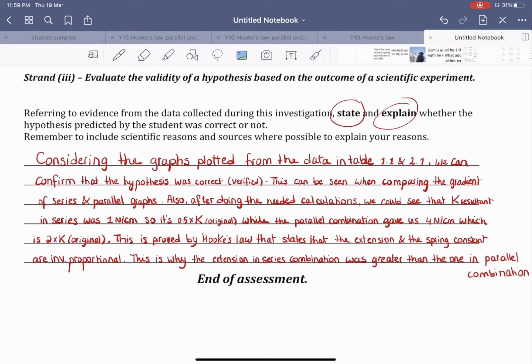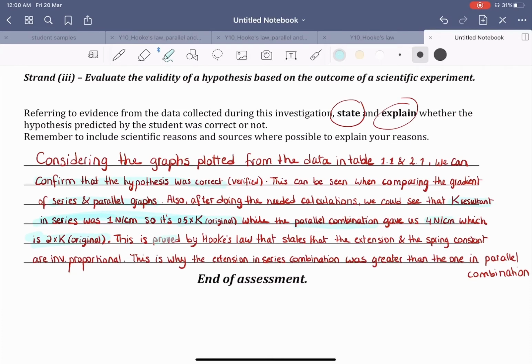So the first thing that I will see is whether you said it's confirmed, correct or wrong. And then how did you notice that it's correct? How did you notice that it's wrong? By comparing the gradient or the slope of series and parallel, we can see that after calculation, K in series was 0.5, while in parallel it's 2K.